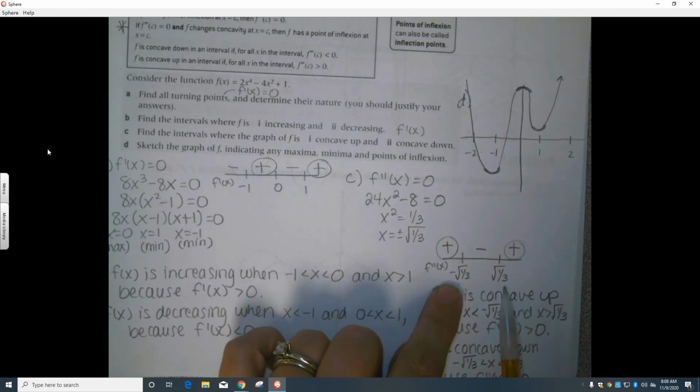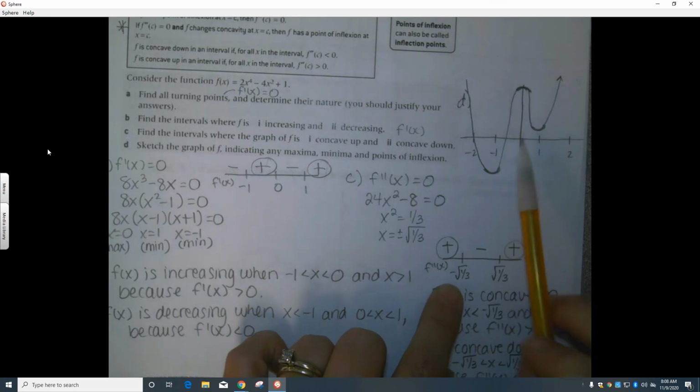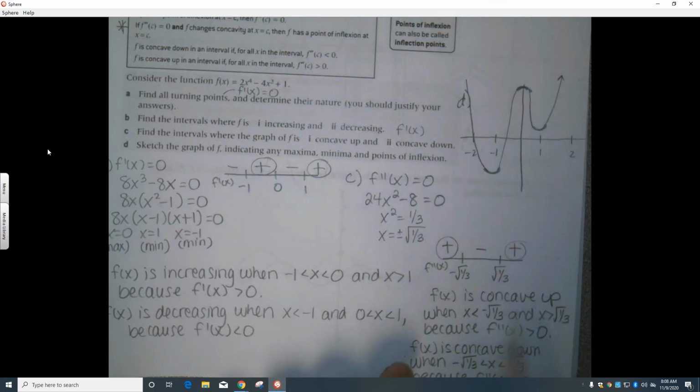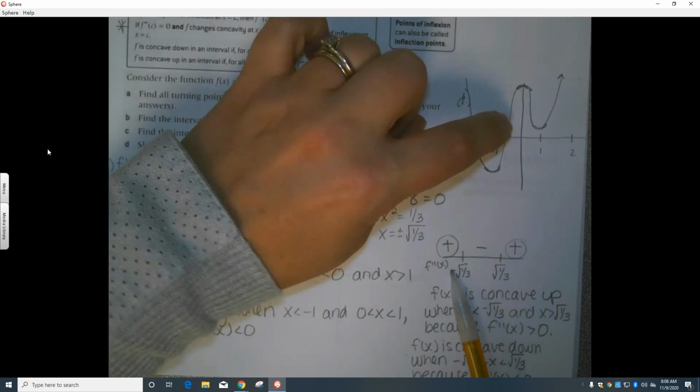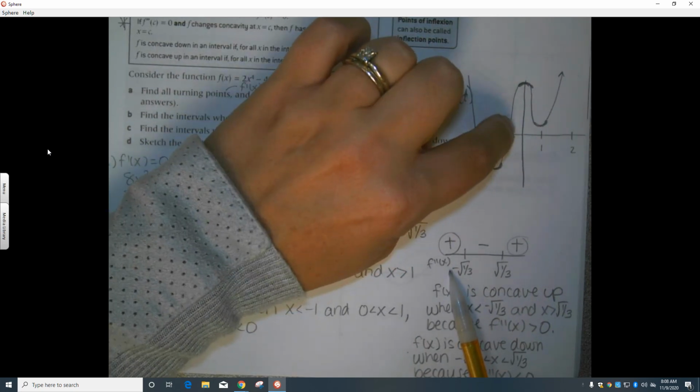root of 1/3, which is in here, does it switch from concave up to concave down? So I can see this one to the left of square root of 1/3, it should be concave up. Does it look like I have a smiley face up to about this point?